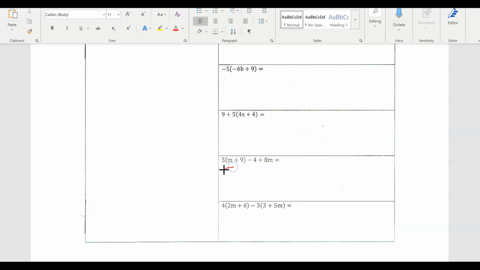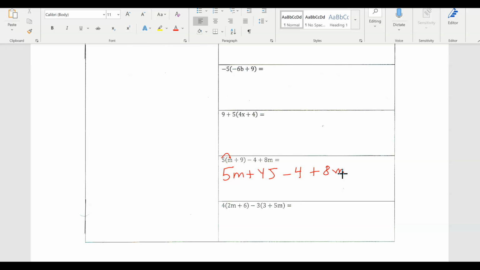Okay, so let's try that again. 5 times m puts us at 5m. 5 times 9 is plus 45. And now this minus 4 is just going to have to hang out for a bit. There's nothing to combine him with just yet. No distributive property for that. And then we have plus 8m.